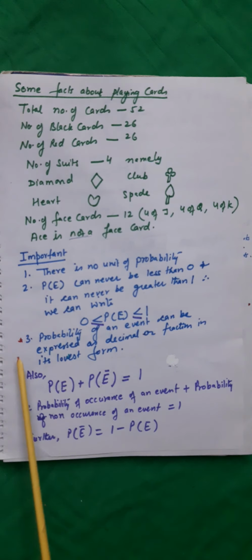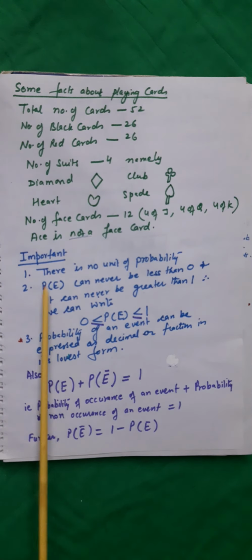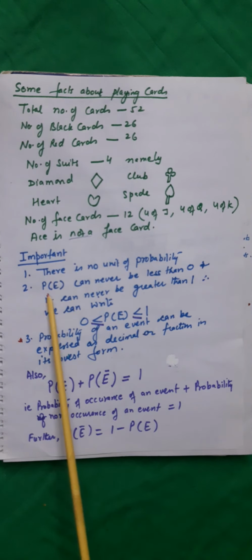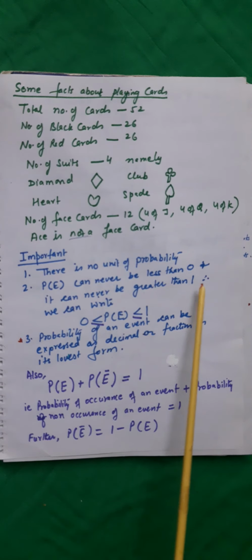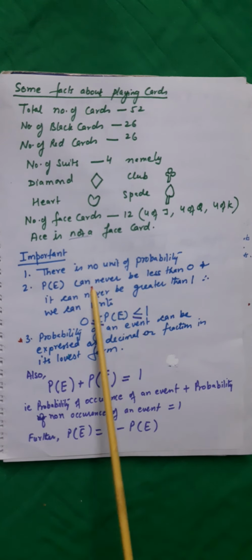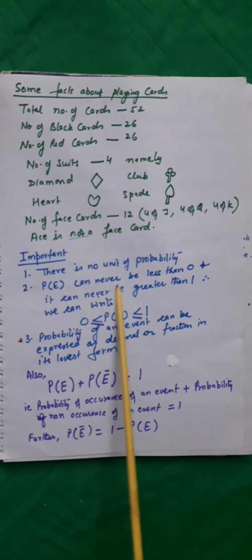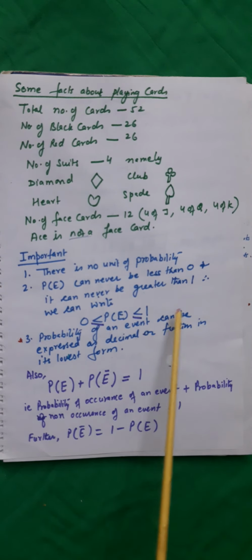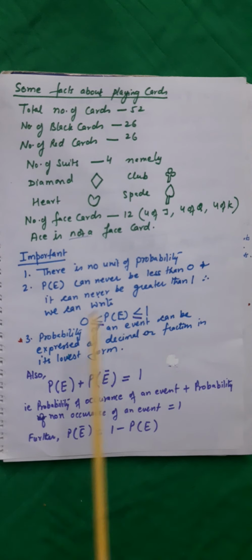Now, a few important things about probability. There is no unit of probability. The probability of an event can never be less than 0 and it can never be greater than 1. What does it mean? It means that the probability of an event can never be negative and it will never be greater than 1.